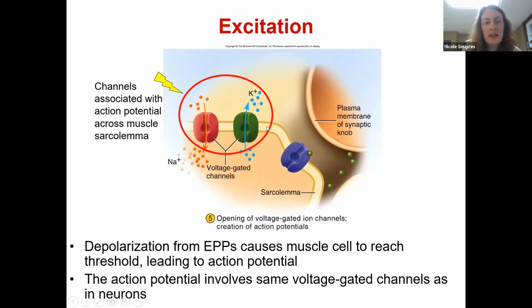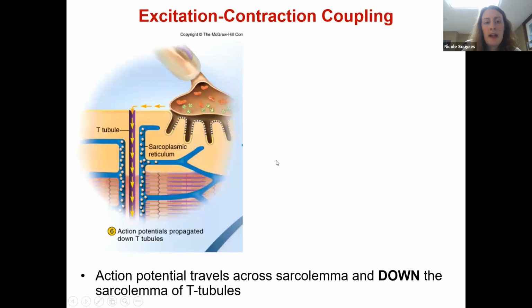Okay, so the same way that it does traveling down the axon of a neuron, the action potential is going to travel across the surface of our muscle cell. And as it does, we can see in this image here, these little arrows are indicating the movement of that action potential. So it's going to be propagated across the sarcolemma.